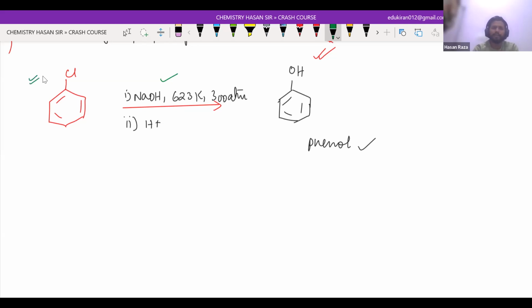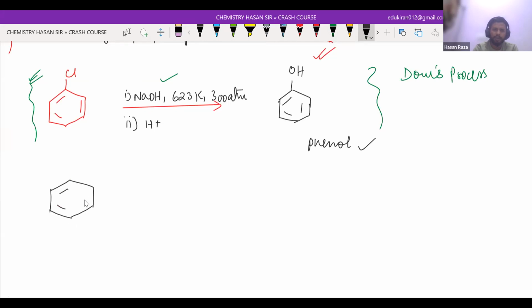But if you want to carry out this reaction earlier or faster than the previous one, first of all, this reaction is known as Dow's process. Now, if you want to carry this reaction faster, you need to make this chlorobenzene reactive. How is it possible? If you put a minus M effect group, that means this NO2, which has a tendency to withdraw electrons, it will decrease electron density in the benzene ring and hence increase its reactivity.